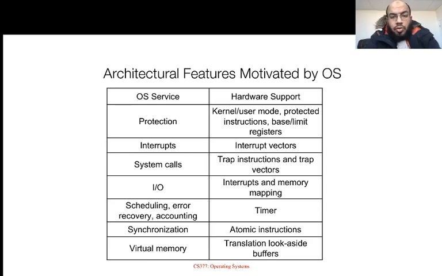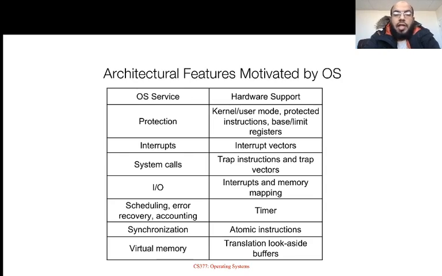You have the system calls, and these are the interface between you as a user, or your user programs, and the operating system. Hardware support has evolved to have trap instructions and trap vectors, which we're also going to discuss a bit in the course. You have input output support: what happens when you type, or when you plug in your USB device, or some device in general.